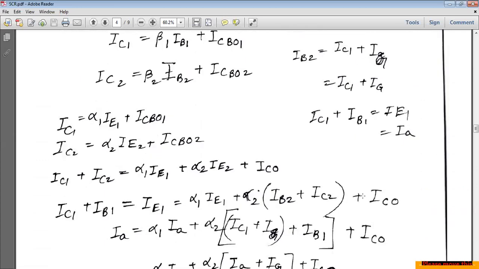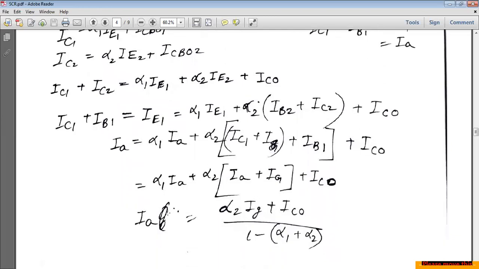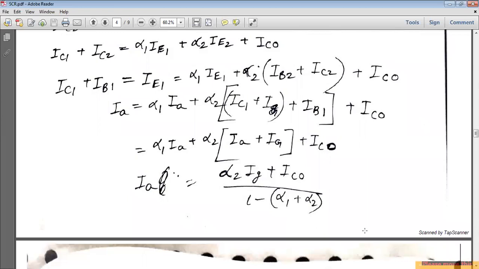So IA plus IG into alpha 2 plus ICO. From that we can get IA, the anode current, is equal to alpha 2 IG plus ICO by 1 minus alpha 1 plus alpha 2. This is the formula for anode current.